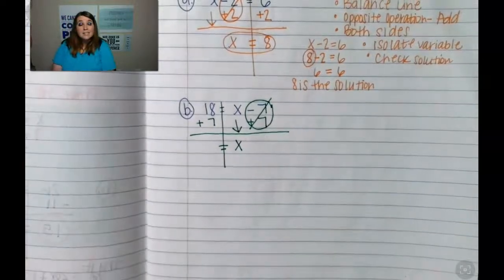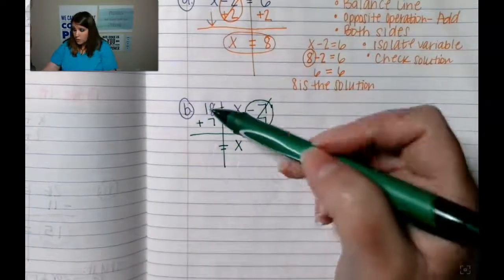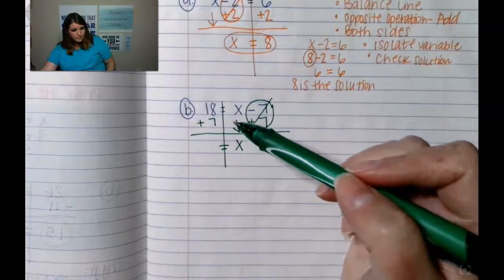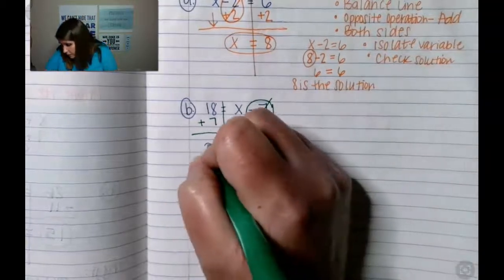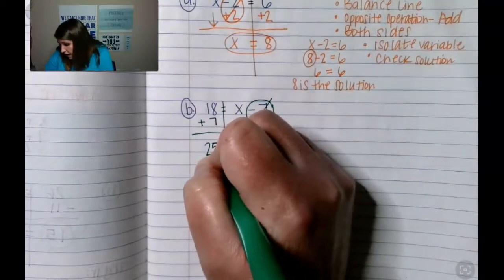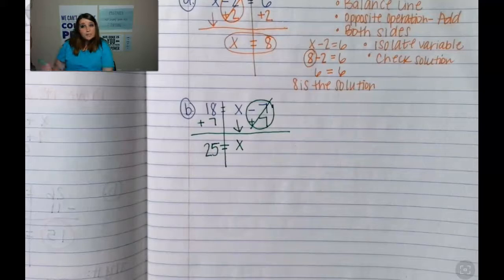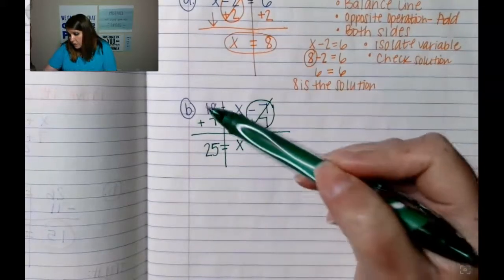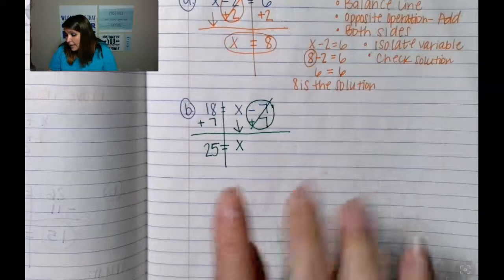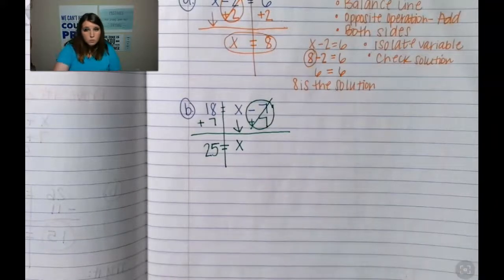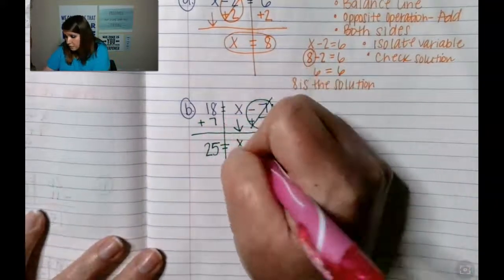18 plus 7. So now we're going to add 18 and 7, and we get 25. We're going to double check this just to make sure. 18 plus 7, 15, 2. Okay, carry the 1. Let's double check to make sure that 25 is a solution.